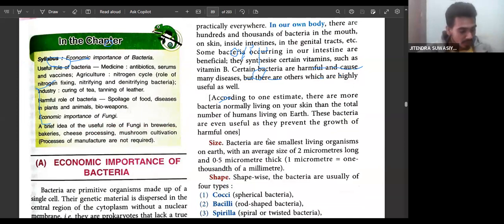These bacteria are even useful as they prevent the growth of harmful ones.